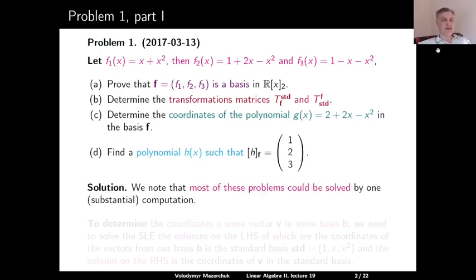We note that almost all of the parts of this problem can be solved by one computation. It is quite a substantial computation, but it is just one computation.